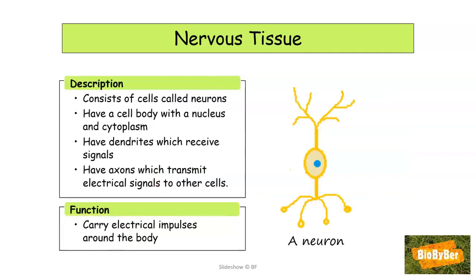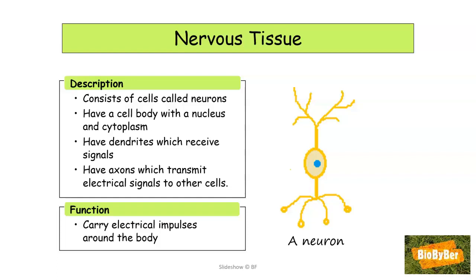The other animal tissue which we will use to exemplify the definition of a tissue is nervous tissue. Again, we want to show that this tissue consists of similar cells that are adapted for carrying out the same function.